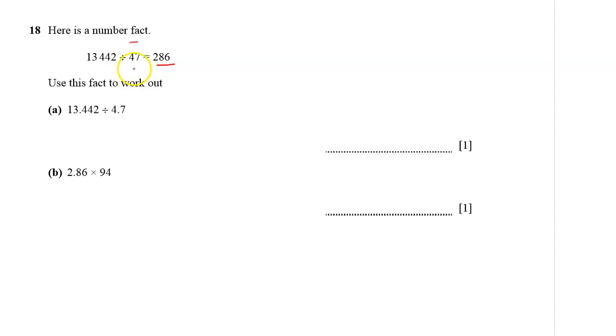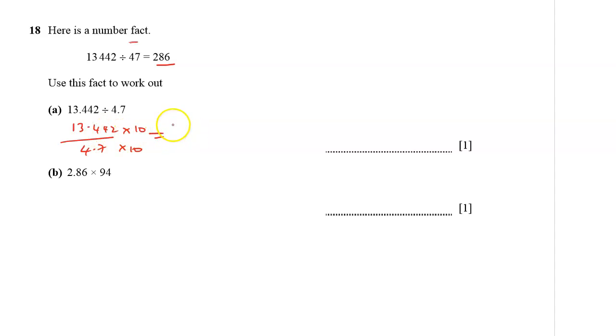So if this number, which is less than 10, gives you, which is more than 10 than this, gives you 286, then this number, which has a decimal point here, is 13.442 divided by 4.7. Okay, you can multiply both sides by 10. I can multiply the numerator and the denominator by 10 to remove this decimal point.